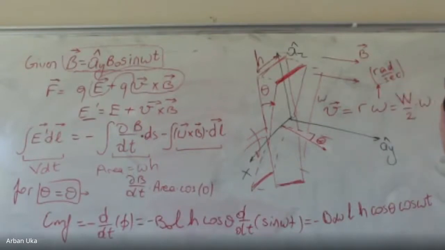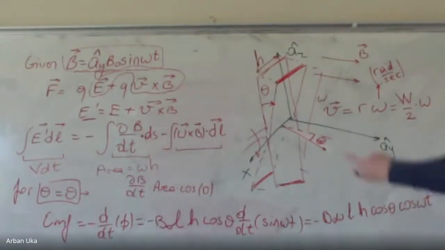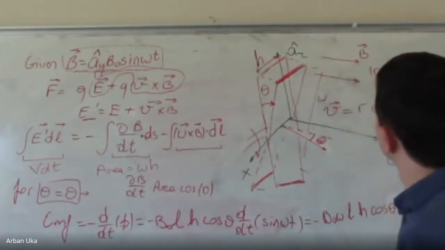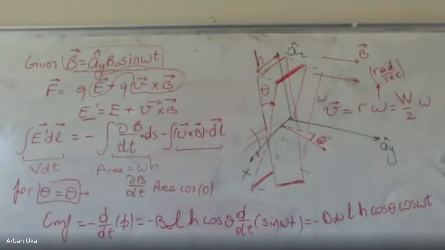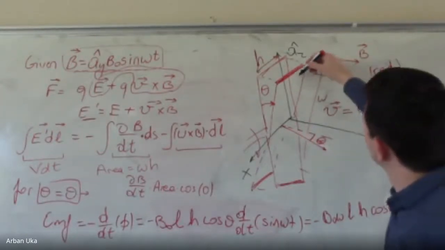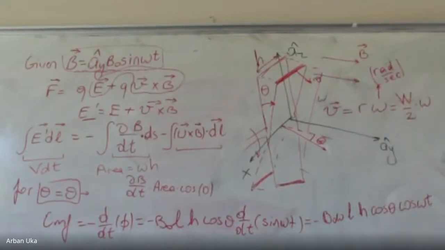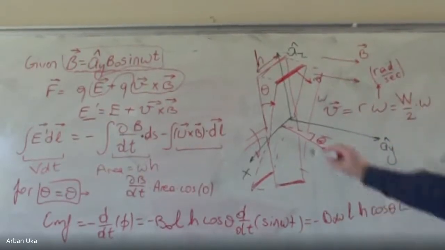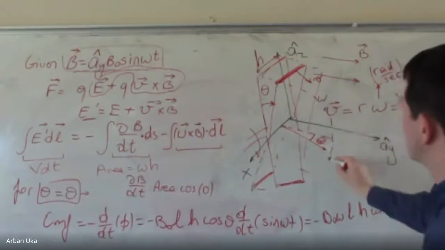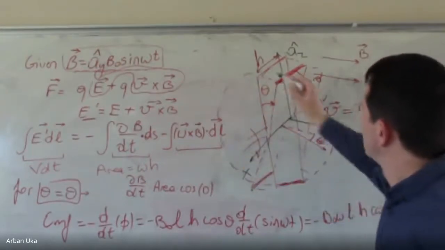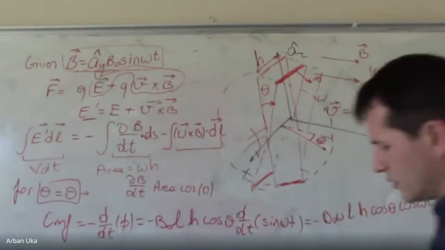With these units, we got this velocity, and it will always be tangent to the circular path that this one is going to create. That's where the V is always going to be.